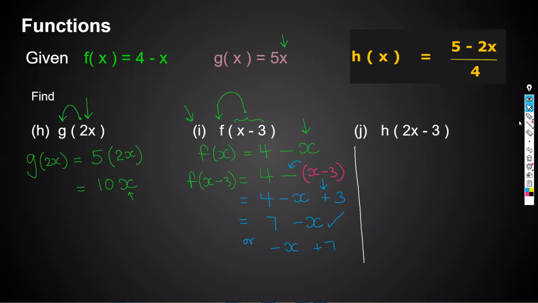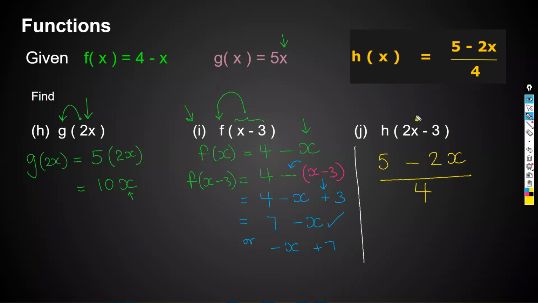Let me just start you up here with J, right? In the exam, you have to try your best to simplify it as much as you can. So what do we have in the brackets here? 2x minus 3. So we're going to go to this equation here, which is 5 minus 2x, and we have to divide it by 4.